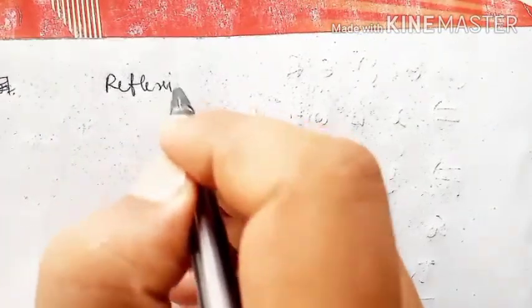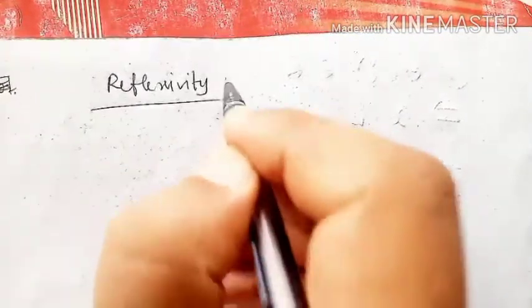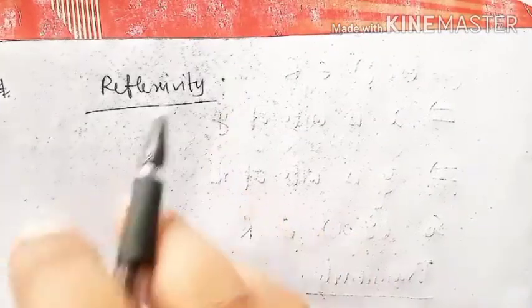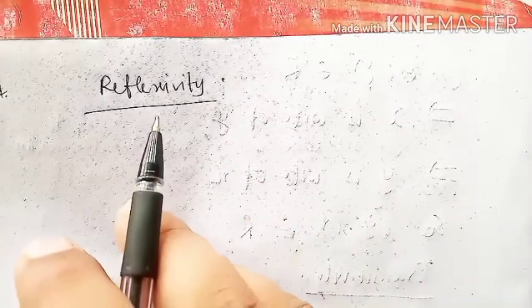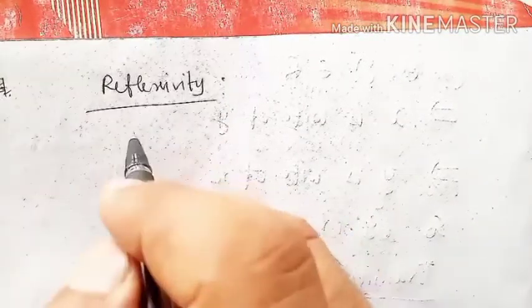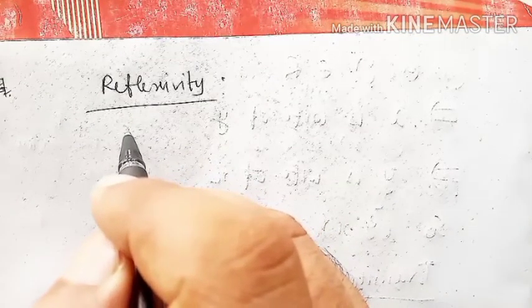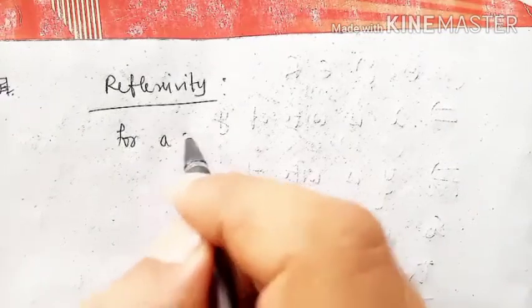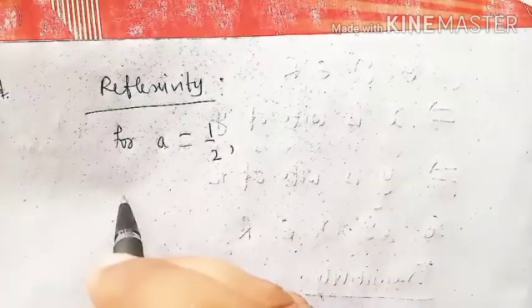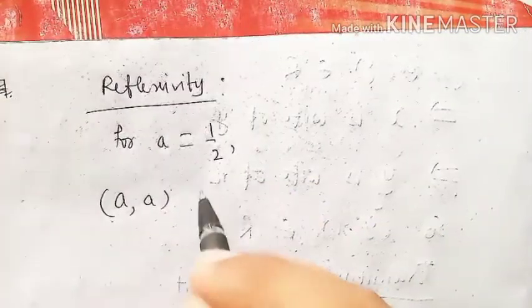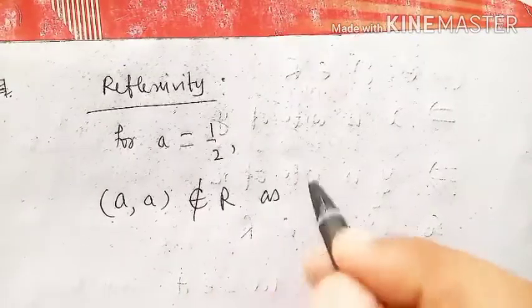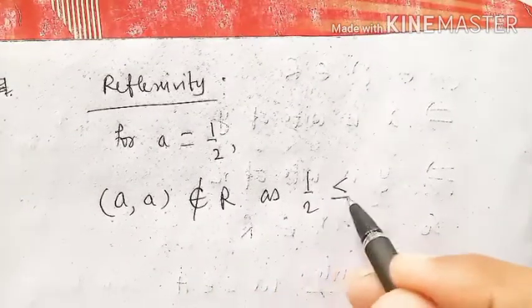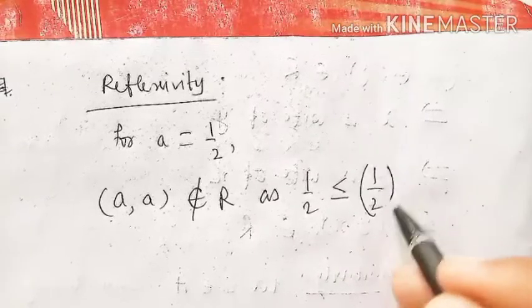We have to show it is not reflexive, so we have to create a counter example. For A equal to 1 by 2, (A, A) does not belong to R as 1 by 2 is not less than or equal to (1 by 2) square.